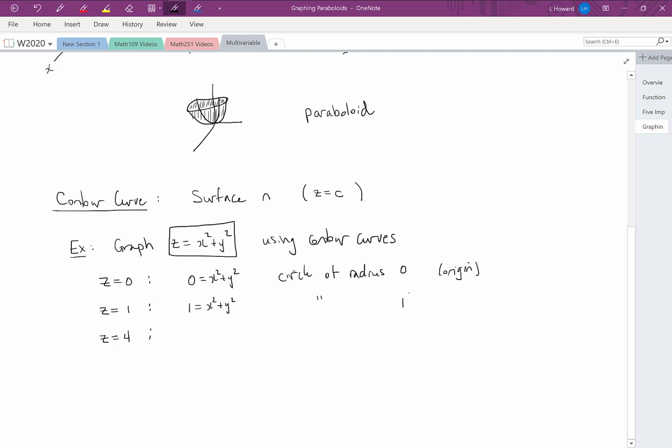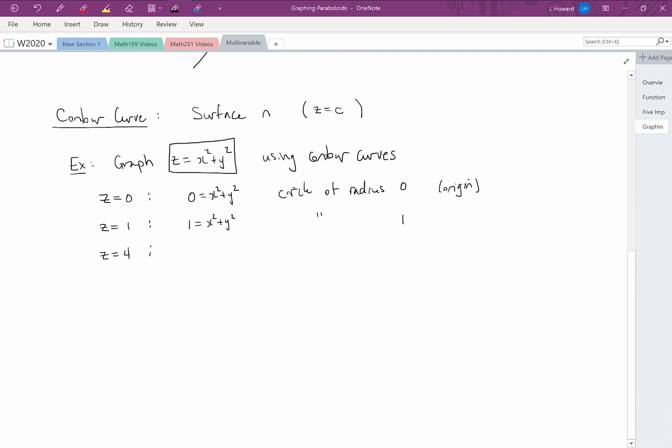And I'm going to start to draw a picture here so that we can see how this information is useful to us. So somewhere down below here, let's draw our x, y, z axes. So we're thinking about what our surface looks like at these various values of z. And we've already got 2 pieces of information. We know that when z equals 0, we're getting just the origin.